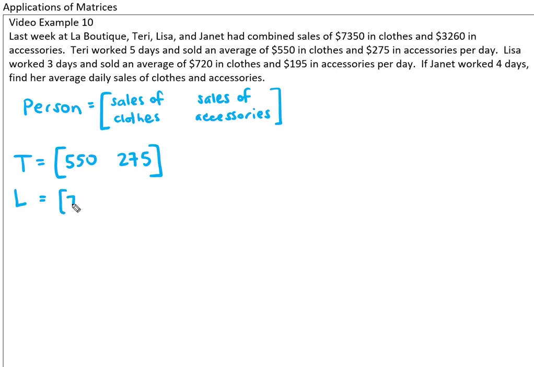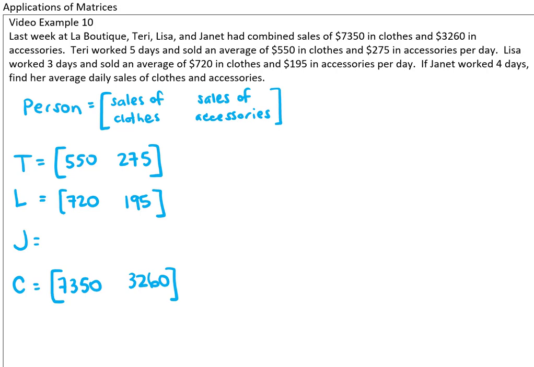She sold $720 in clothes and $195 in accessories per day. Then we have Janet, and we don't know what her sales are, but we know that combined, and I'm going to use C for combined, that they had $7,350 in clothes and $3,260 in accessories.